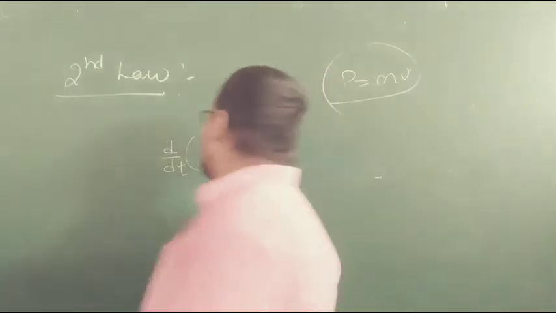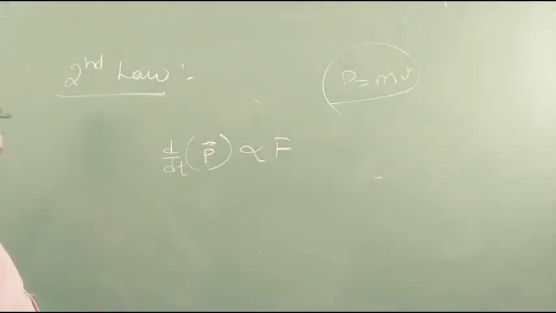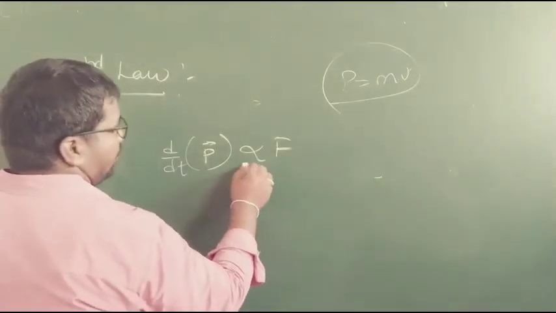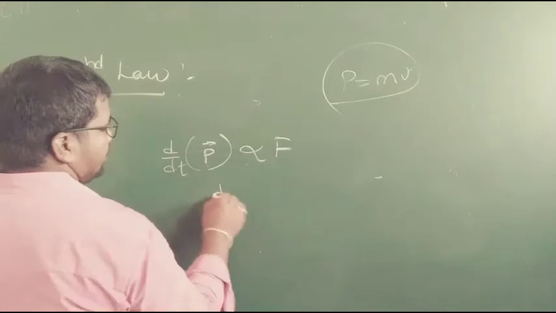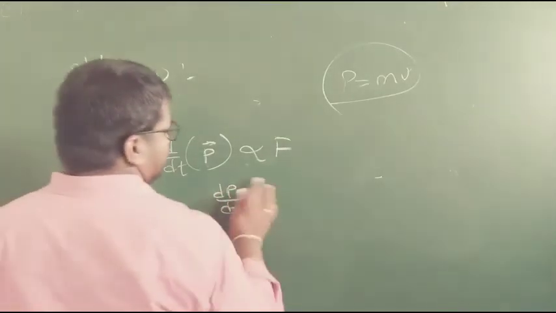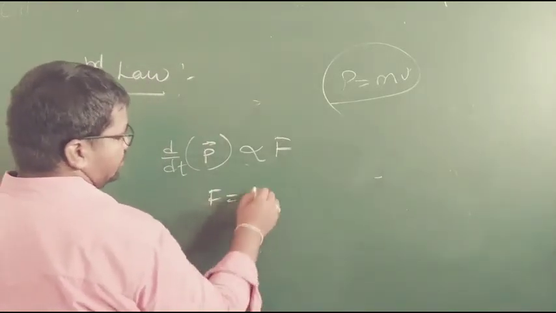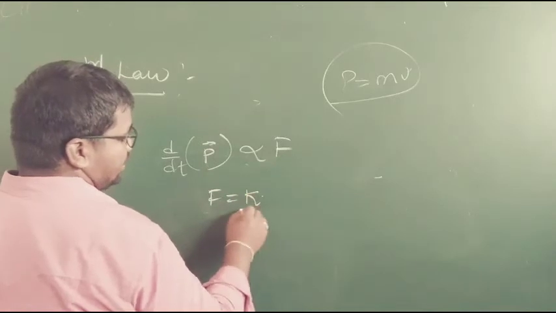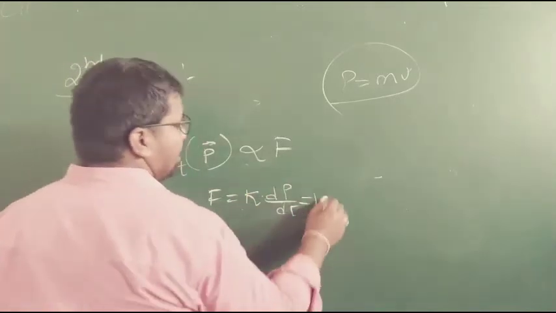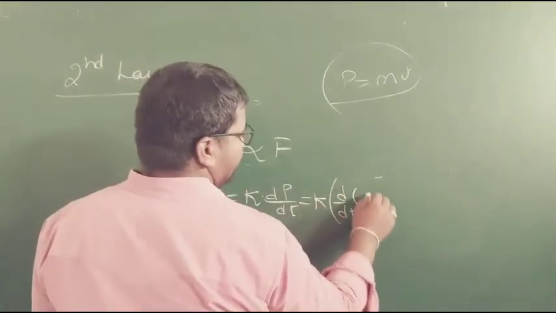Yes, the rate of change of momentum is directly proportional to the applied force. So by removing this proportionality, dp by dt is equal to... by rearranging this we can keep a constant k. dp by dt, rearrange this: k into what is p? d by dt of mv.